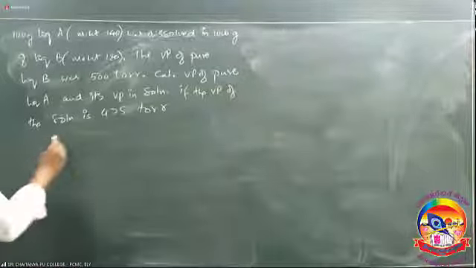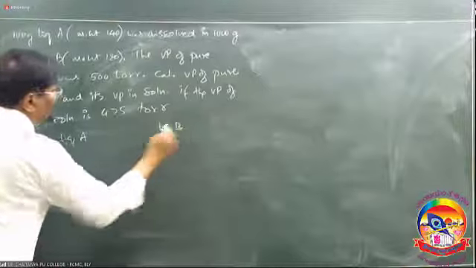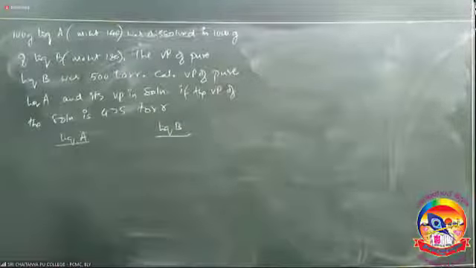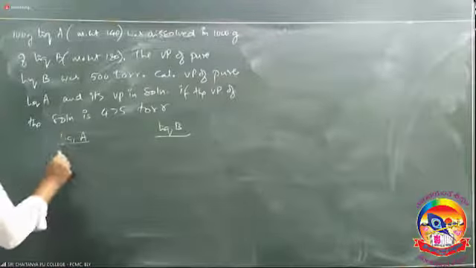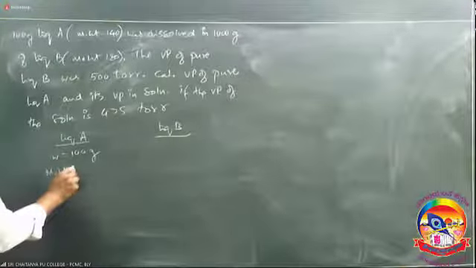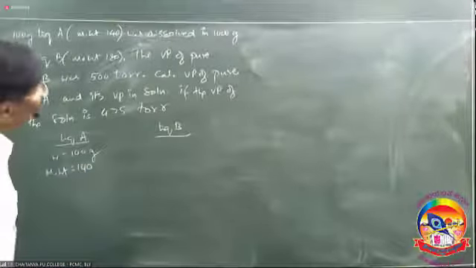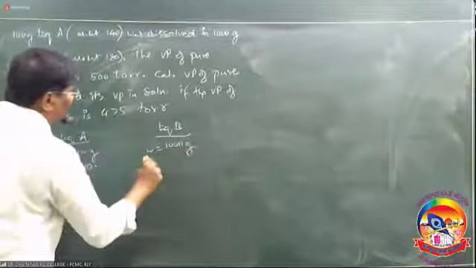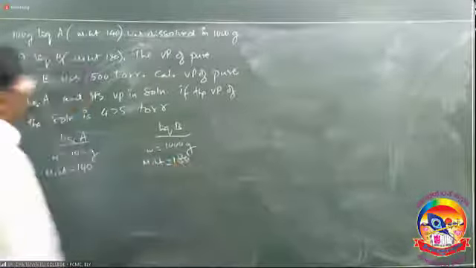In this problem, two liquids are there, liquid A and liquid B. First, let us segregate what is given. Liquid A, its mass is 100 grams, molecular weight 140. Liquid B, its mass is 1000 grams, molecular weight 180.